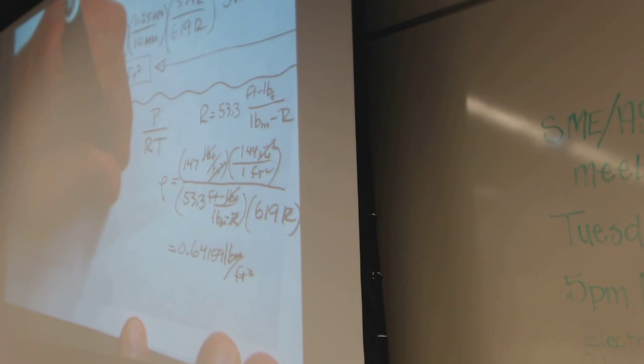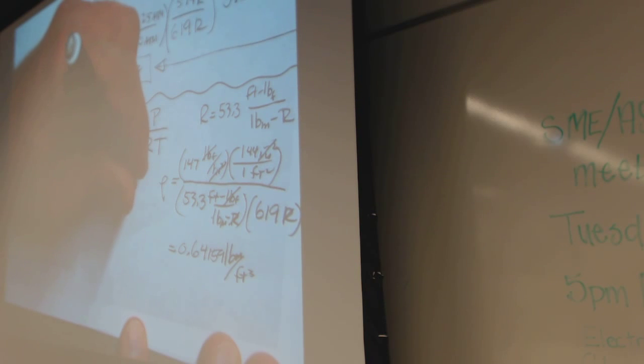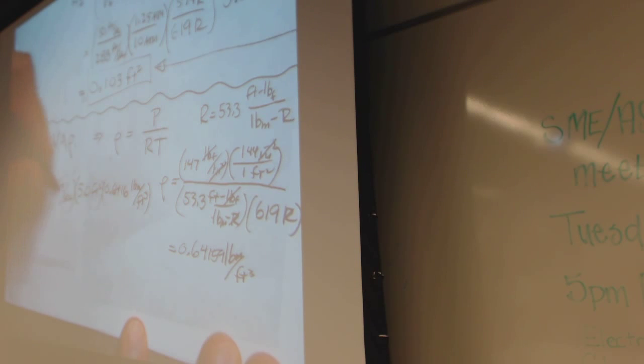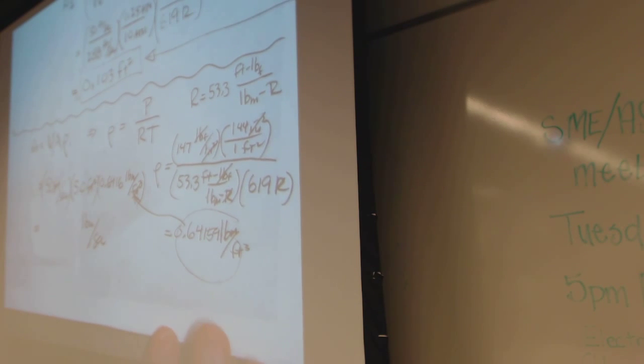So we got 0.641, I'll call it 16 pound mass per foot cubed. And there's foot cubed, and we get units of pound mass per second. Call it 160. We have agreement on that?